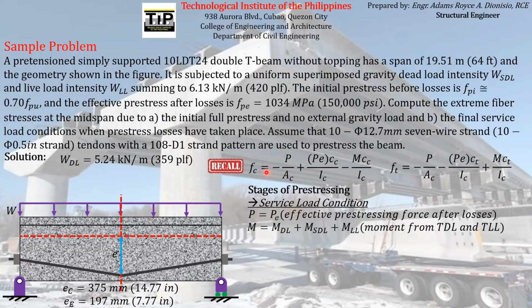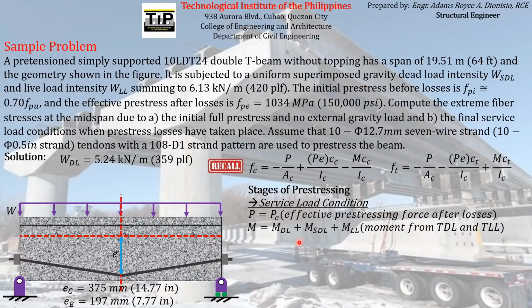So we can still use these formulas, but we can just replace the magnitude of P and M by these values. So if we can compute these values, the PE and the total moment we see here, we can now compute the total stress acting on the extreme fibers of the concrete element itself.